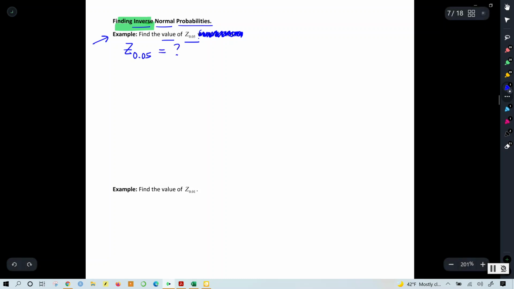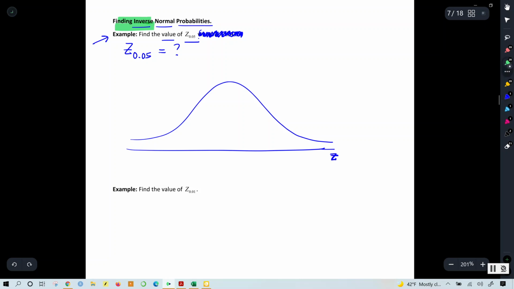The big question, what does this mean? Step 1, draw the normal distribution. Step 2, we're dealing with the z random variable, obviously, and so its mean or center value is 0. Then the next step is to account for what the 0.05 means.